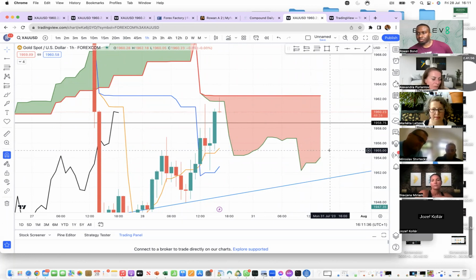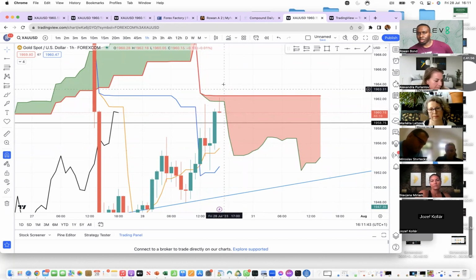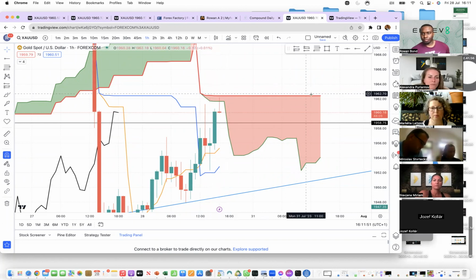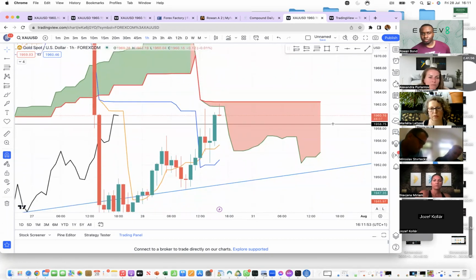And then the span B, which is the red line, is the next area of resistance or support.